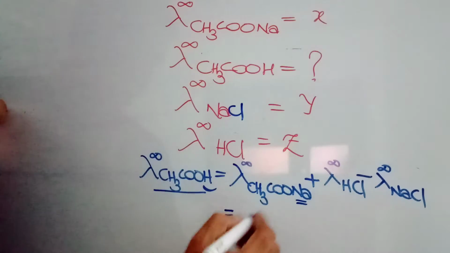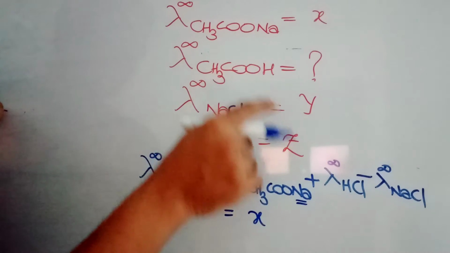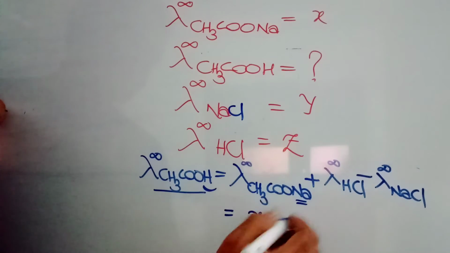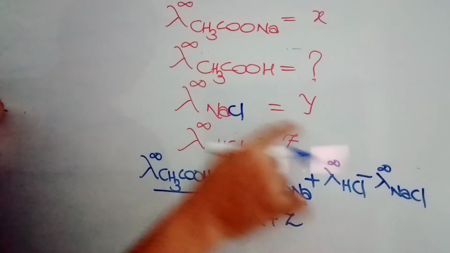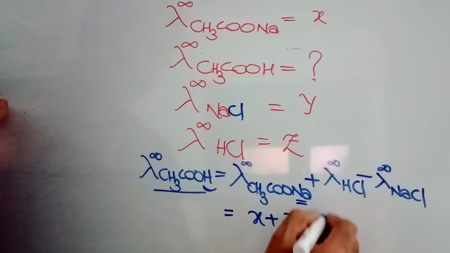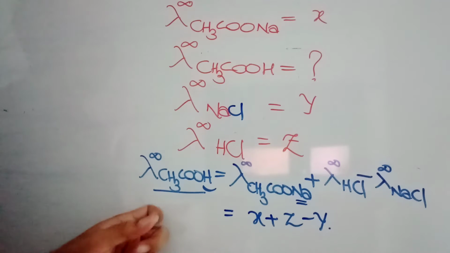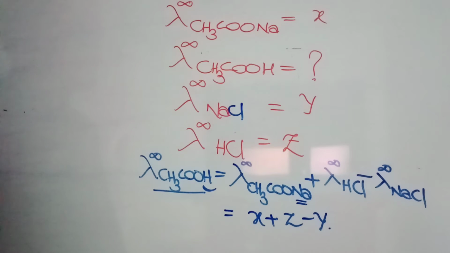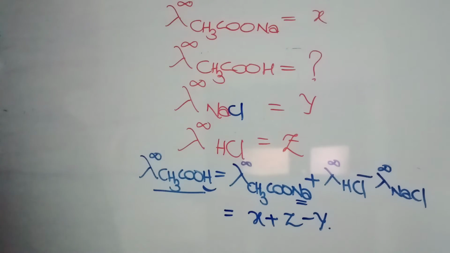CH3COONa is given as X Siemens centimeter square per mole, then HCl is given Z, so X plus Z. Then NaCl is given as Y, so minus Y. X plus Z minus Y will be the acetic acid's equivalent conductivity. This is a very regular question in all entrance examinations, and you can expect this question even in board examinations.